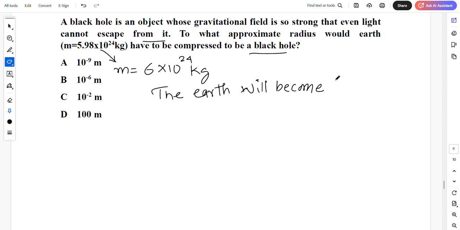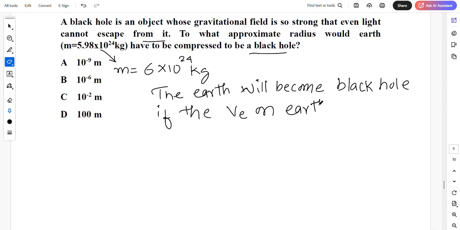Will become a black hole if the escape velocity on Earth is equal to or greater than the velocity of light.